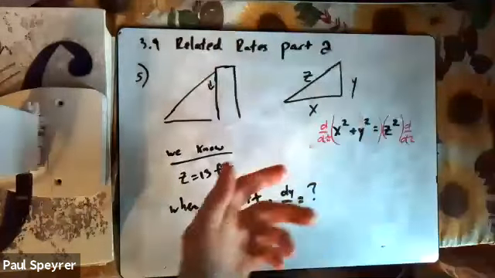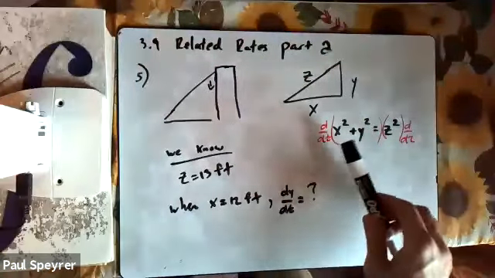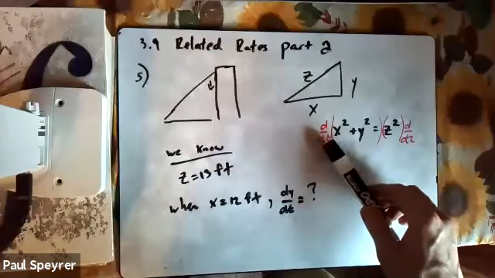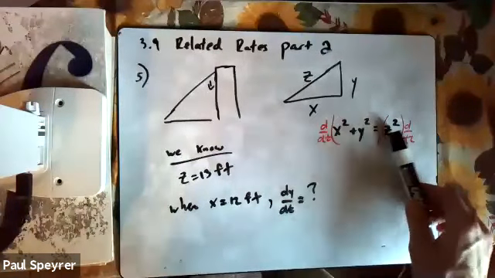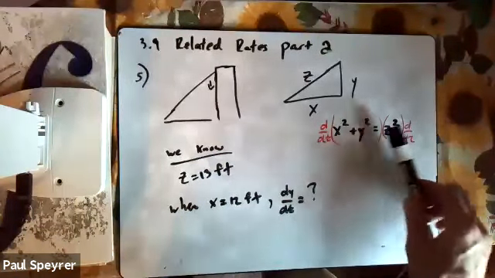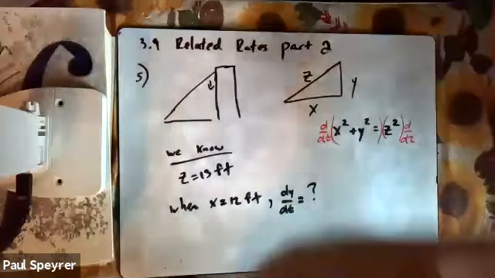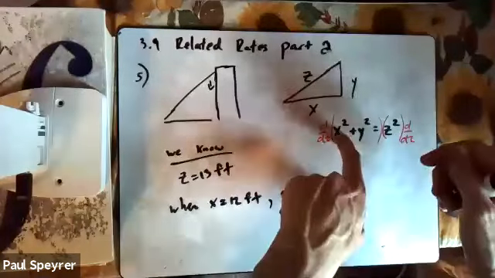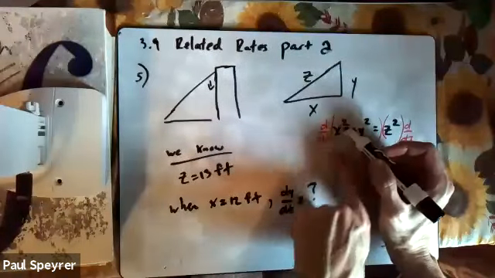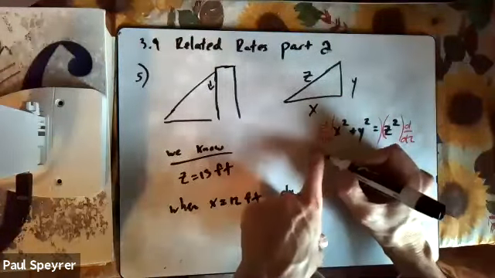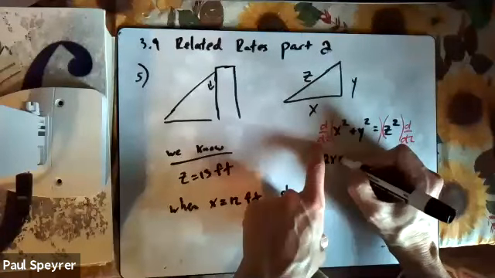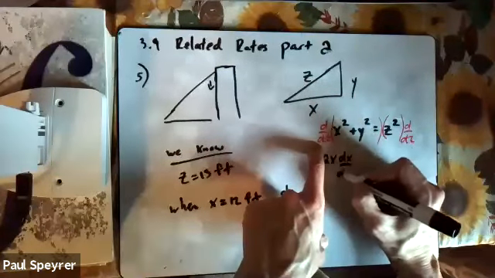Now, because of that, right, that's implicit differentiation, because if you notice, we're taking the derivative of all three of these variables with respect to time, or t. None of these are t's right here, so we're always going to have a d something dt pop out. Meaning if I take the derivative of x squared with respect to t, we get 2x and then dx dt, right?